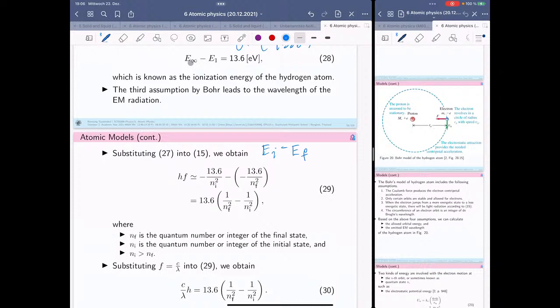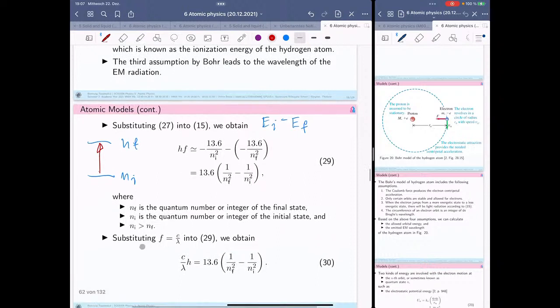Let's say this is ni and here is nf. In this case, you go from this, and that's the way we could work with this expression in ni and nf. f is c by lambda.